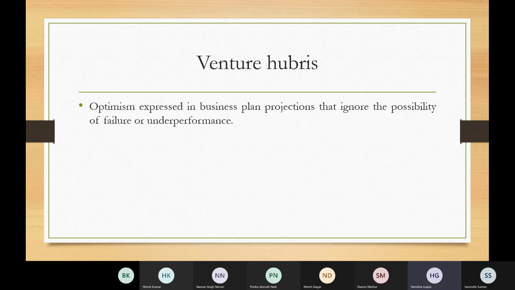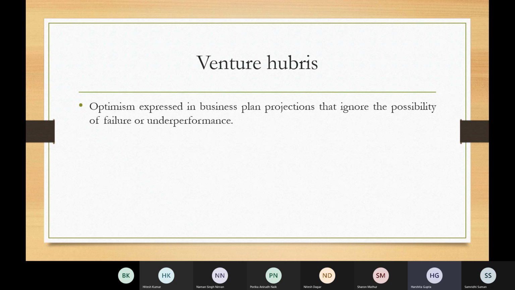When he presents his business plan and moves on with the projections of how much he should be able to earn in the first year, the second year, the third year, it is very common with startups that entrepreneurs think they will be earning a lot more than the actual market conditions. So that is the optimism with which they work.